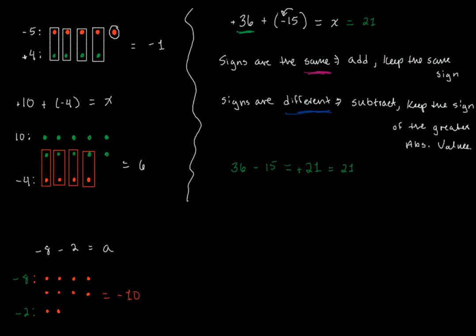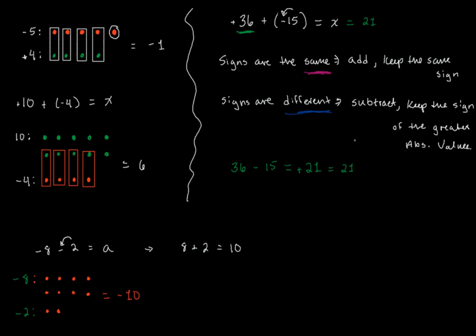Now let's look. Both of these signs are the same. We've got a negative 8 here, and then we actually have this negative sign in front. This makes it a negative 2. And what we were told is if the signs are the same, you're going to add, and then you're going to keep the same sign. So I'm going to add because I've got the same sign. I've got 8 and 2 together. 8 plus 2 gives me 10.